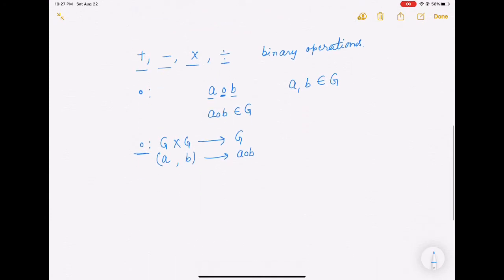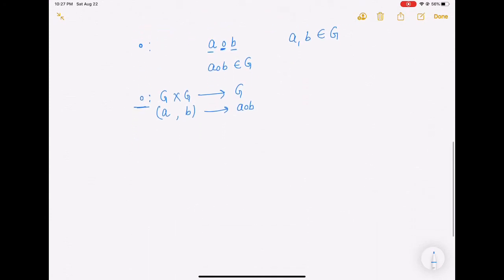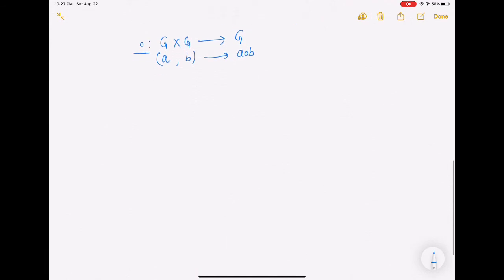To represent a general operation, we represent it with a circular dot. Let us study some properties that we have already learned in our earlier classes. The first property is the closure property.